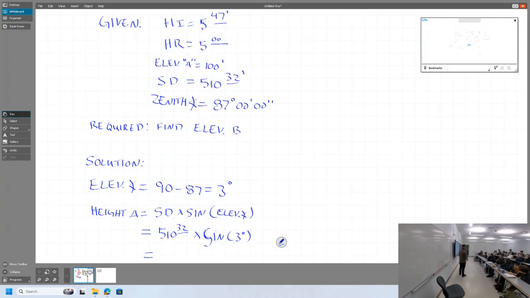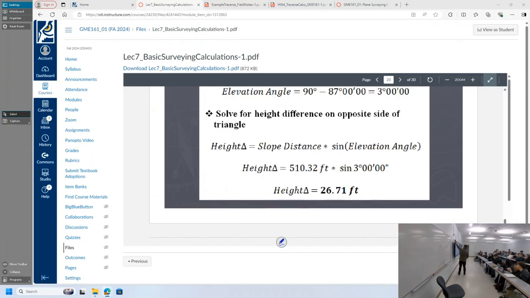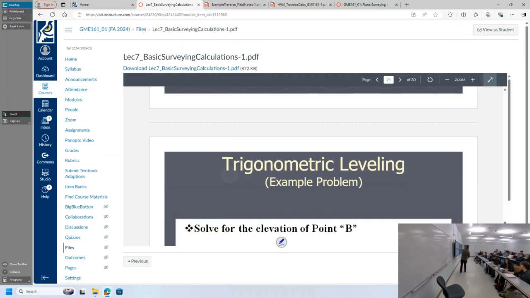No, it's not 0.35, it's 0.32. Is that 32 inches or 0.32 feet? Of 26.71 feet. Yeah, 26.71 is what I thought. That's 32, not 35.